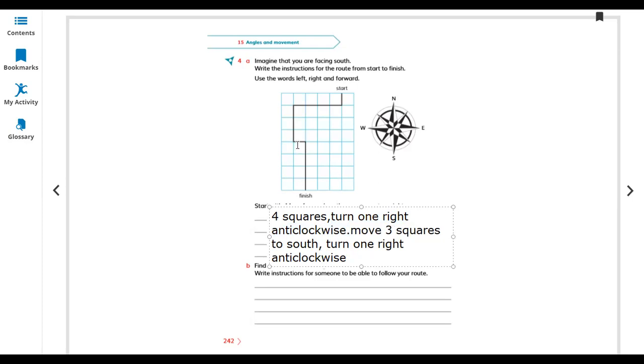When you're moving one right angle anti-clockwise, so you're here now. Your face is this side. Then move one east, on this side, east. Now you're here. Then turn one right angle clockwise.